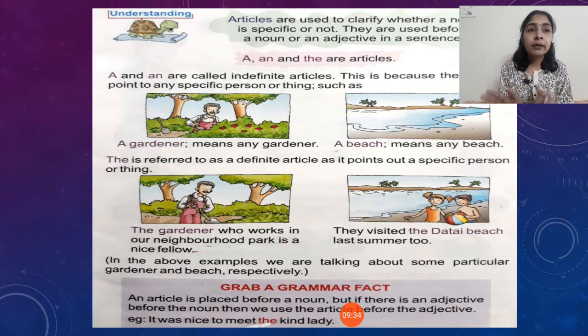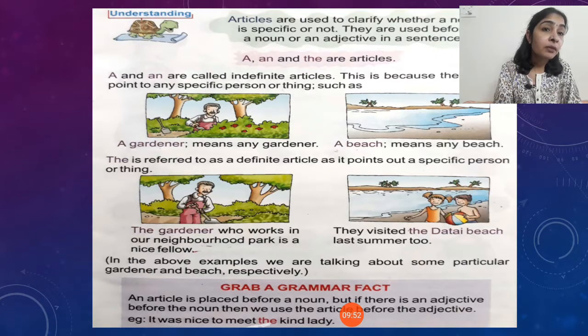So a and the are not fixed to be used with a particular word, but they are used with specific or non-specific things. With non-specific things we use a, with specific things we use the. Let's go further. They visited the Datai beach last summer too. Now the Datai beach, not any beach, the Datai beach they visited.